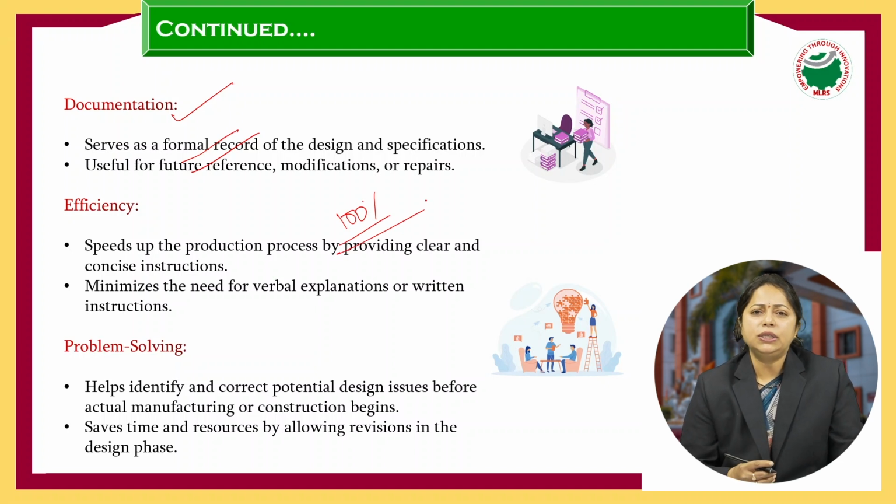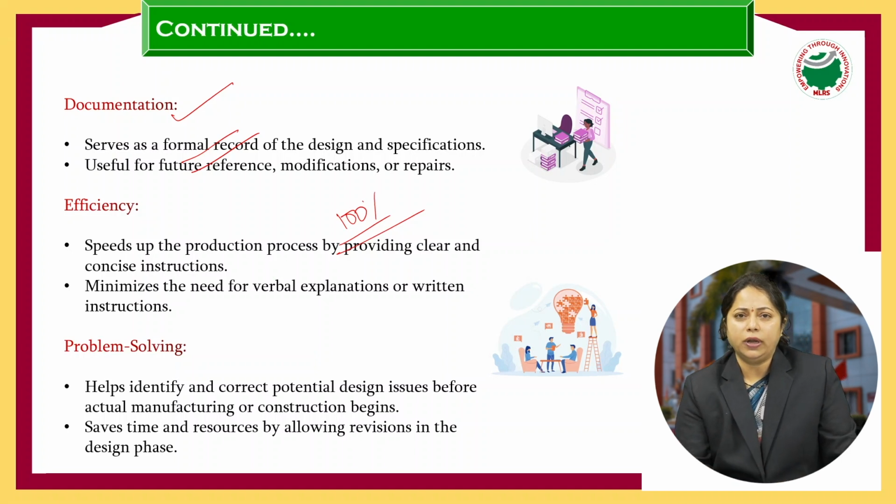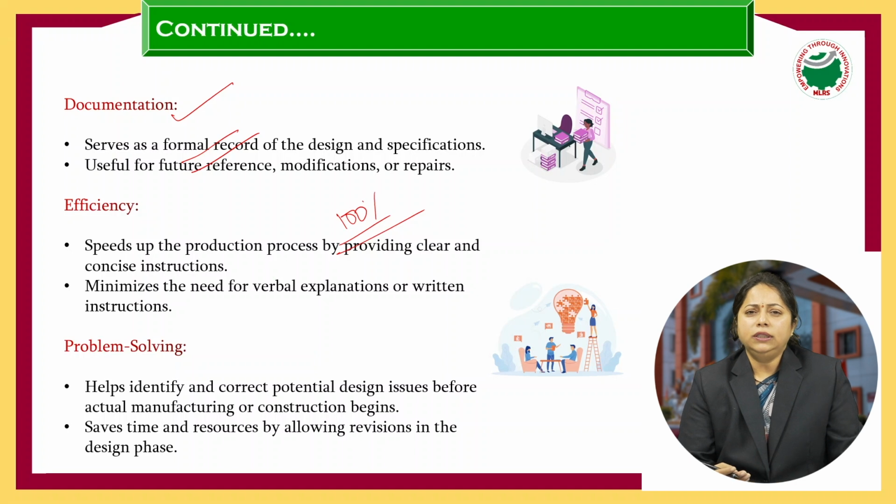So now when a person is explaining a product to another person, maybe from a design engineering department or to a production department, not all the terms are understood. Definitely there would be some ambiguity. But when a design, or let us say some drawing with all the specifications, is communicated on paper or on a computer, then there is no confusion.